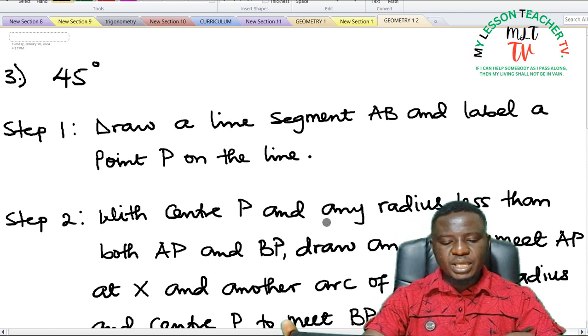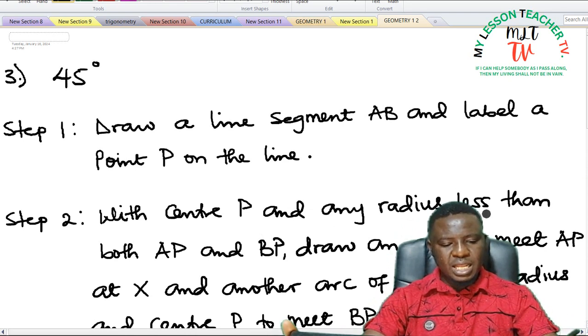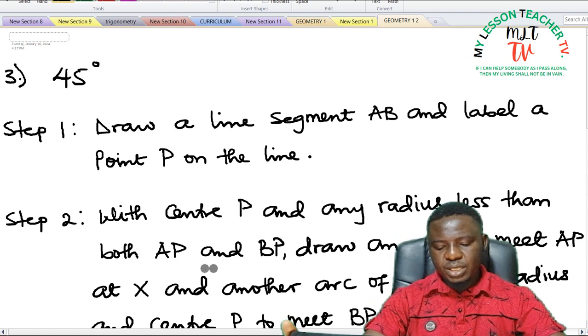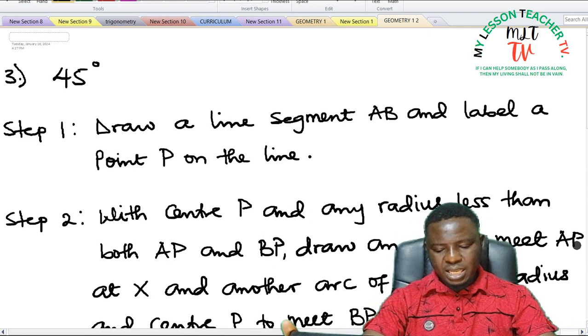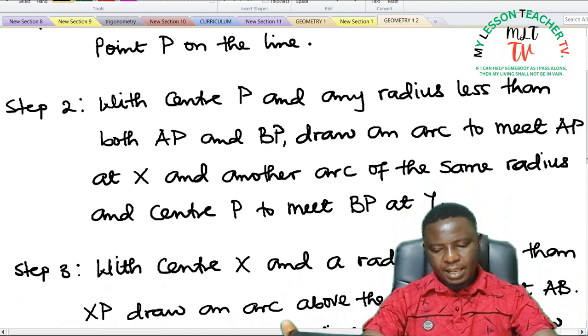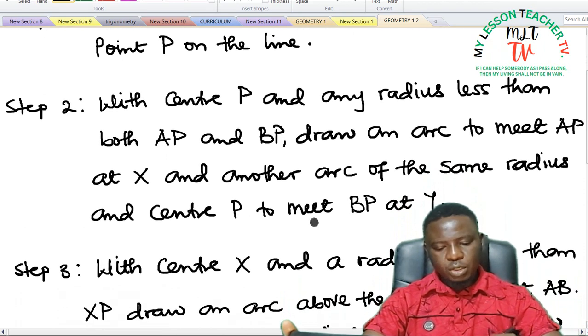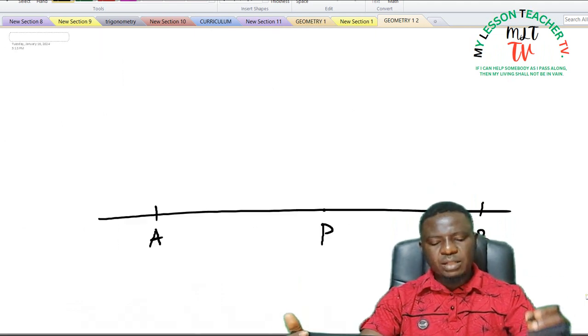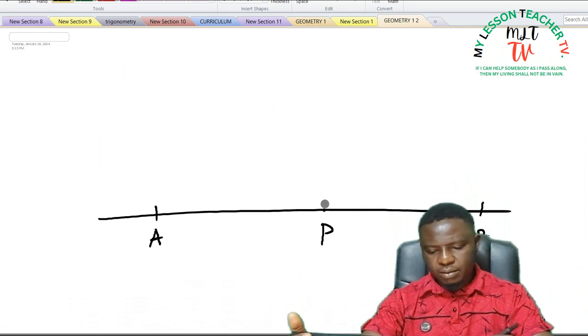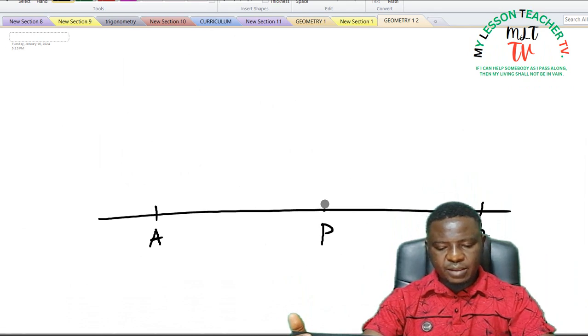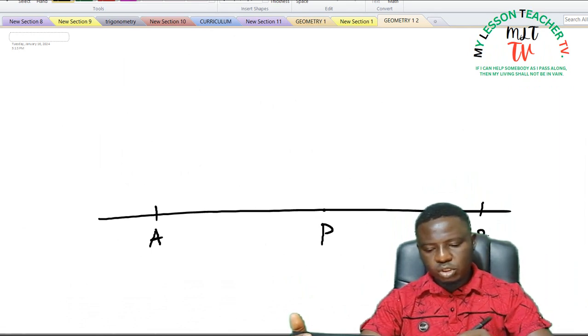Now, with center P and any radius less than both AP and BP, draw an arc to meet AP at X and another arc of the same radius and center P to meet BP at Y. So what that means is, with P as center and a radius which is less than the distance AP and BP, you construct an arc.